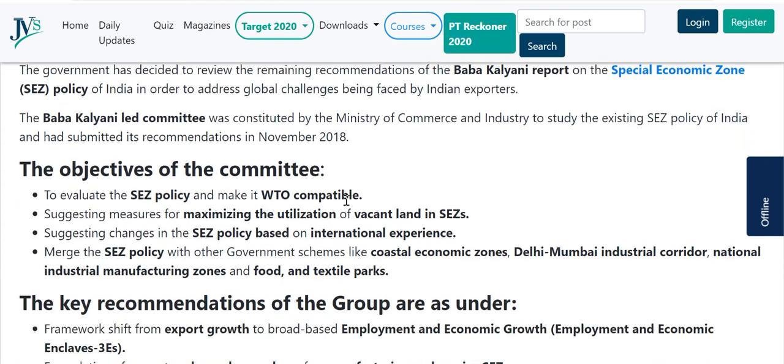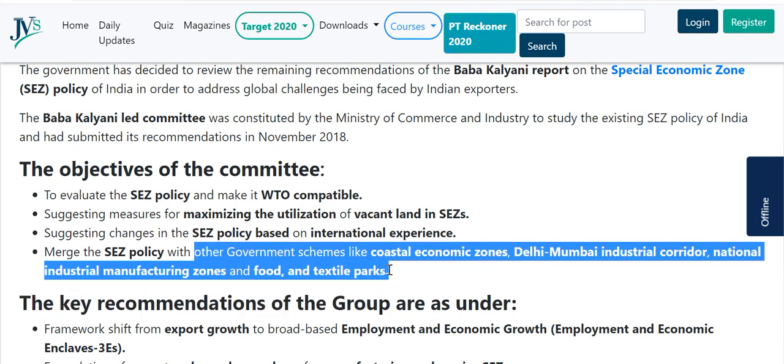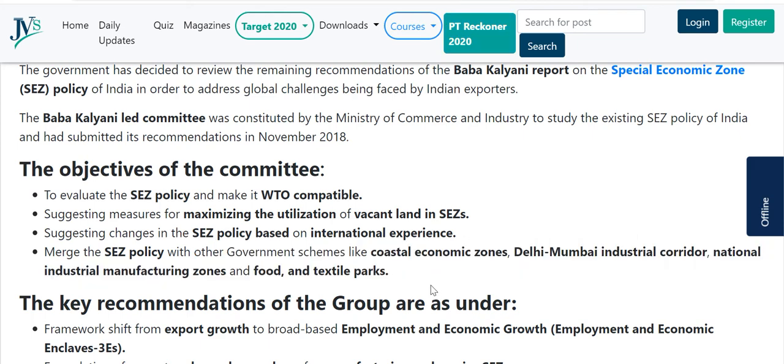The objectives were to evaluate the SEZ policy and see if it's WTO compatible, and to suggest measures for maximizing the utilization of vacant land in SEZ. Based on international experience, it would suggest policy changes and merge SEZ policy with other schemes like Coastal Economic Zone, DMIC, NIMZ, etc.